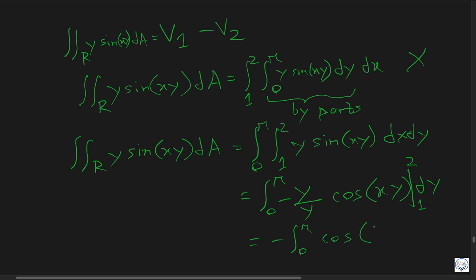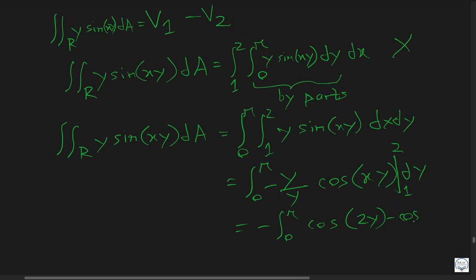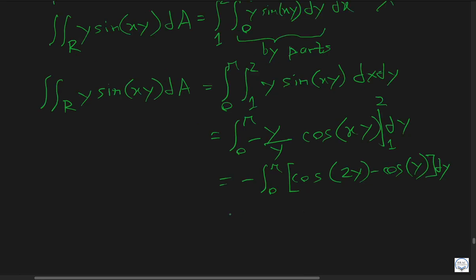And we put in 2 now. So we get cos twice y minus cos y dy.